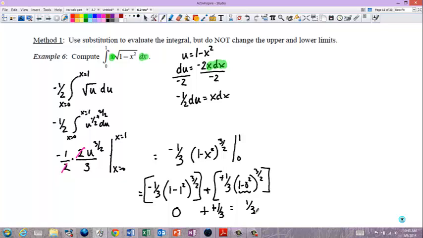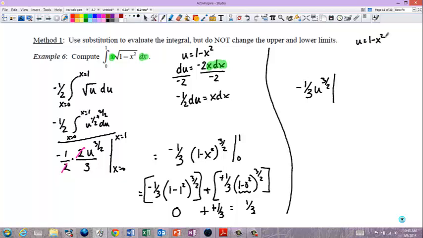Now, to do it the other way, I'll show you what the other way was. Actually, I'm going to pick it up from the negative 1/3 u to the 3/2. Without plugging the u back in, I could have figured out that u is 1 minus x squared.